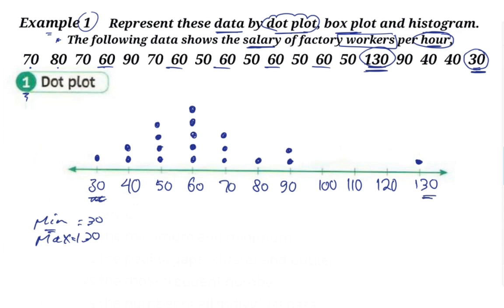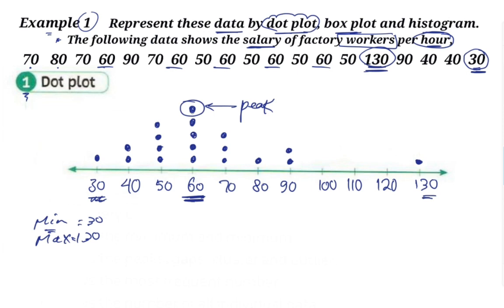Also, this point is called the peak. What's a peak? Peak is the top of anything. Salary 60 has the maximum number of workers. How many workers? There are 5 workers paid 60 pounds per hour.